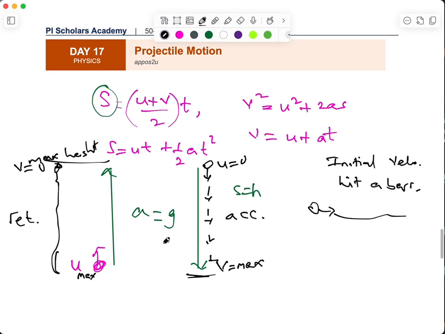So since, for upward and downward vertical movement done in this manner, there is no special impression of forces, the acceleration in question is the acceleration due to gravity. And since going up is a form of retardation, the acceleration is going to be negative g. In the case of coming down, it is accelerating, it is increasing its velocity, so the acceleration is going to be a positive g in this situation.